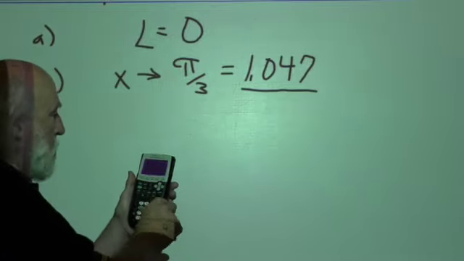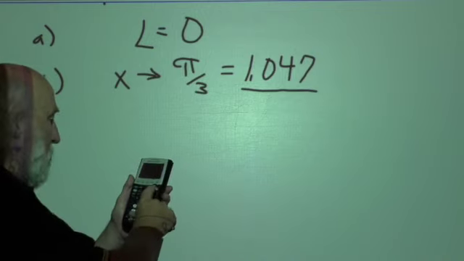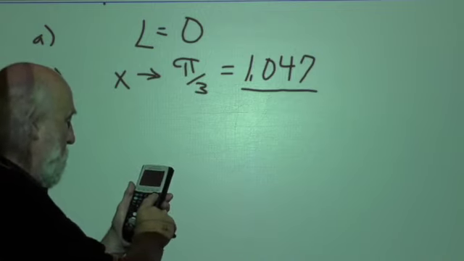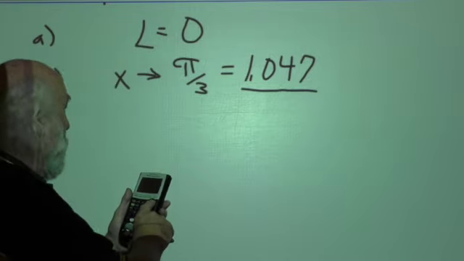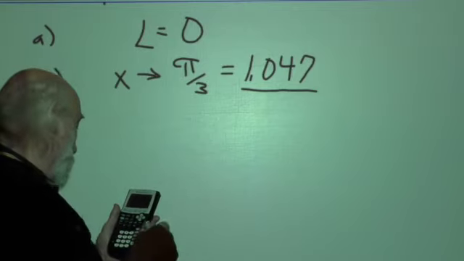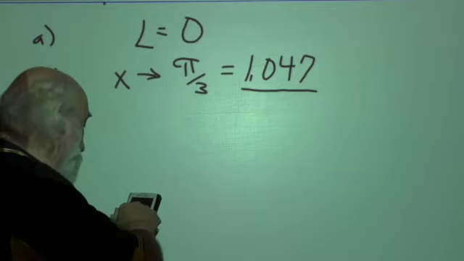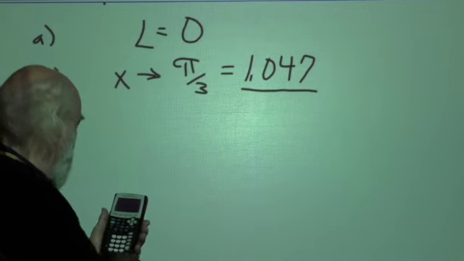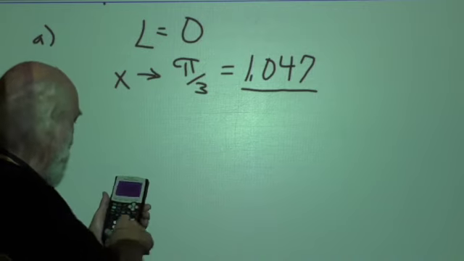We're going to follow the x until we get as close to 1.047 as we can get. So 0.42, 0.63, 0.85, 1.06 is really close, closer than 0.85. So I'm going to hit zoom, zoom in, and hit enter.